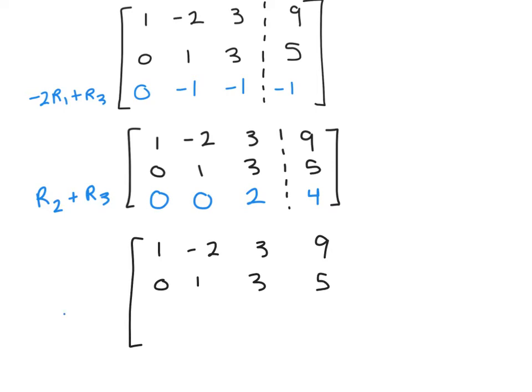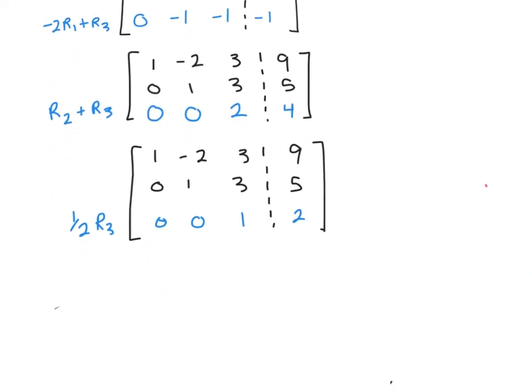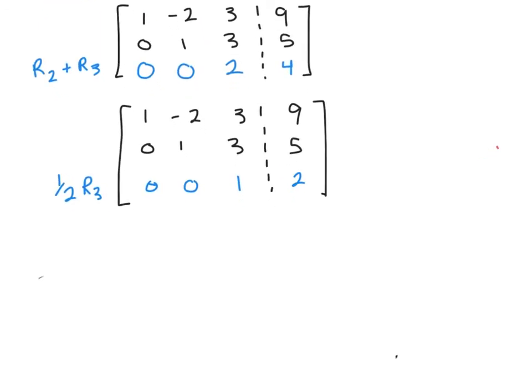Okay, and then my step would be written as 1/2 R3. So that we get 0, 0, 2 times 1/2 is 1, and 4 times 1/2 is 2. So now our matrix is in row echelon form. And I can see that because I have the 1, 0, 1, 0, 0, 1.